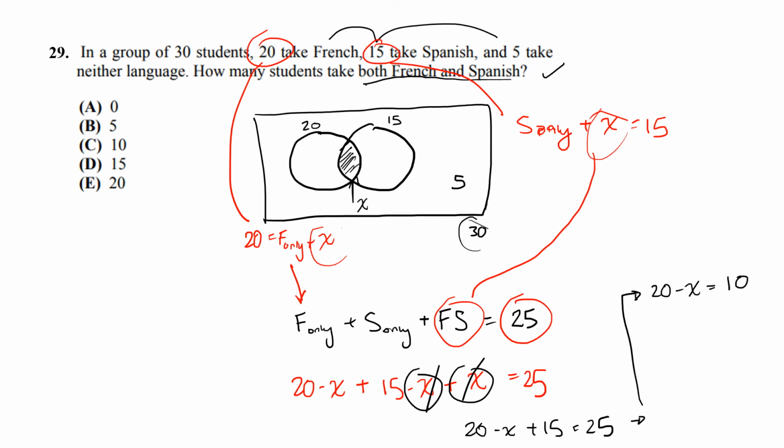I could subtract 10 from both sides and add x to both sides, so it cancels out, and we're left with 10 equals x. Like we said, x is representing how many students take both French and Spanish. So our answer here is choice C.